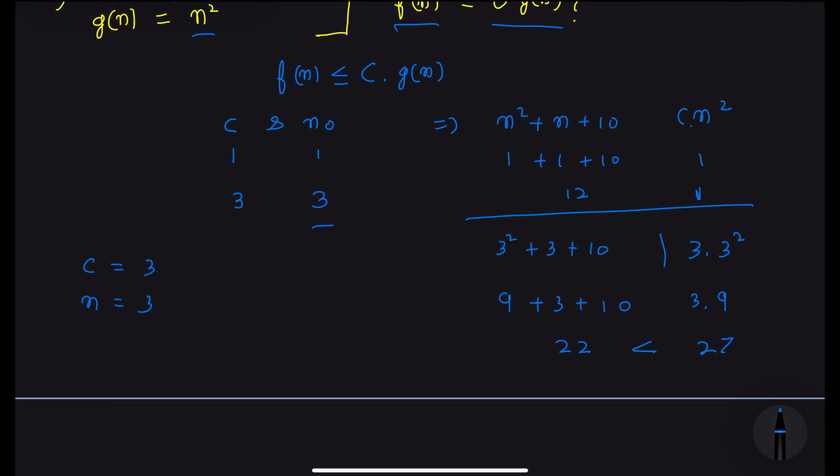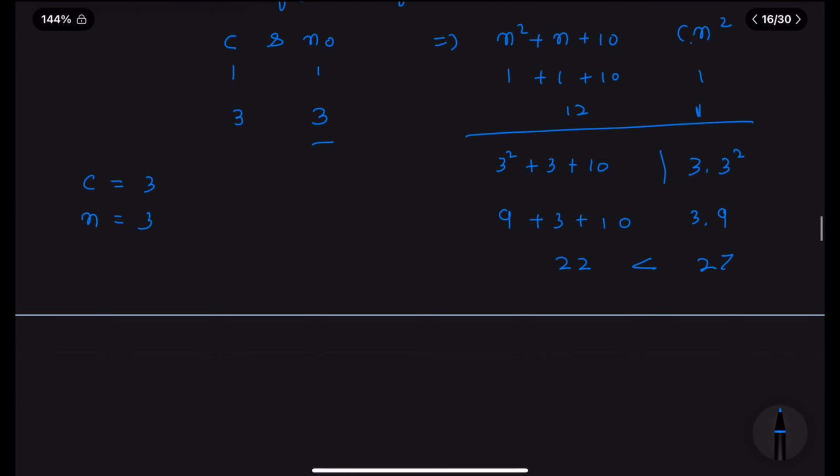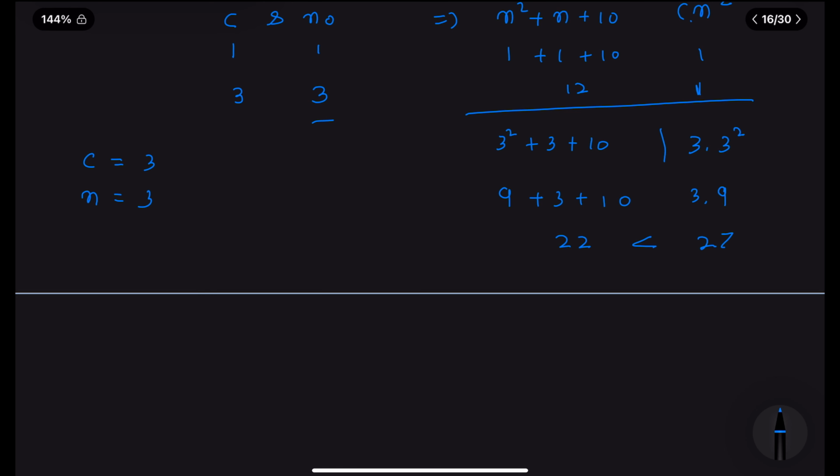After this point, if we check for any bigger value, let's check for 4 also. It will be 4 square plus 4 plus 10, and it will be 3 into 4 square. 4 square is 16 plus 4 plus 10, this will be 20 plus 10, 30, and here it will be 3 into 16, so it will be 48.